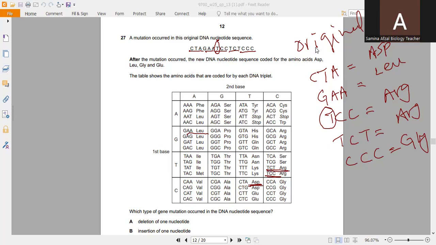You can see that the mutated is CTA, which is ASP, and then GAA, it is leucine, and then CC, it will be shifted in this way. CCT is glycine.